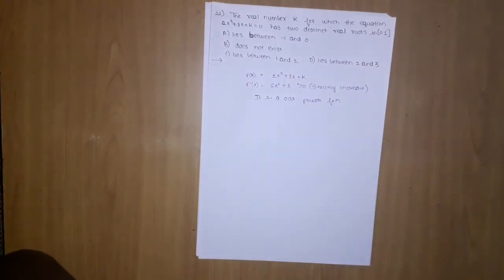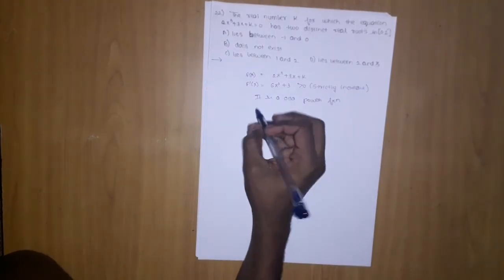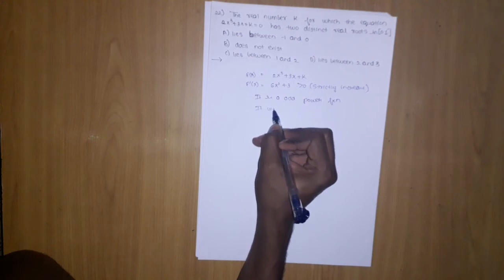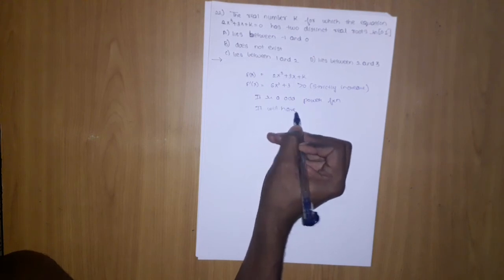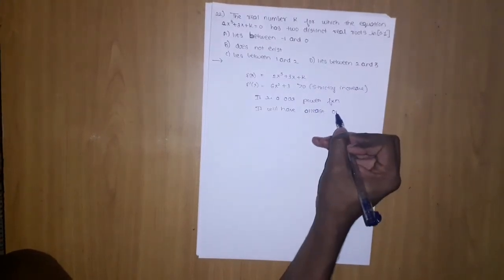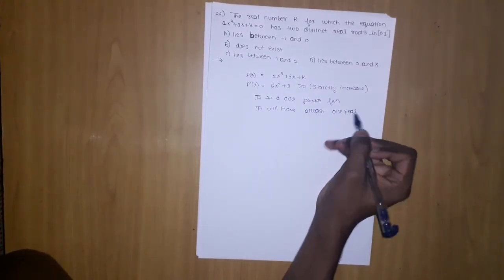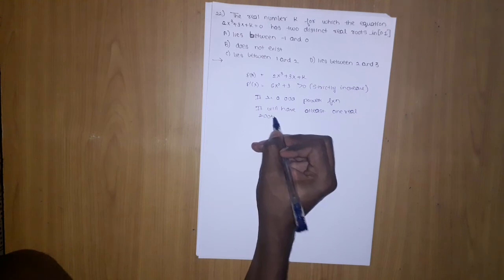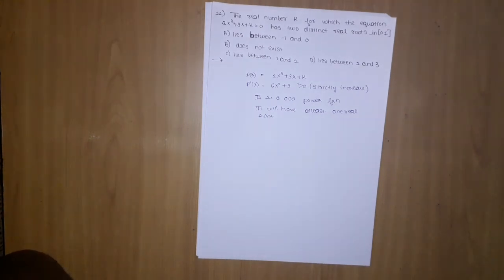What you can conclude from this is that it will have at least one real root, on the basis of the concept that complex roots exist in pairs.